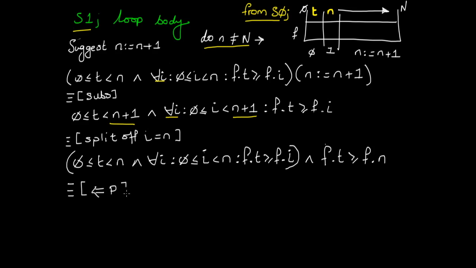If we follow the logic of our invariant, all of this in the brackets is what we've previously processed, which is stored in t, the index of the largest element so far. And we're going to compare what we have so far with f.n. So therefore what we're left with is f.t greater than or equal to f.n. At this point we can't simplify this down any further.